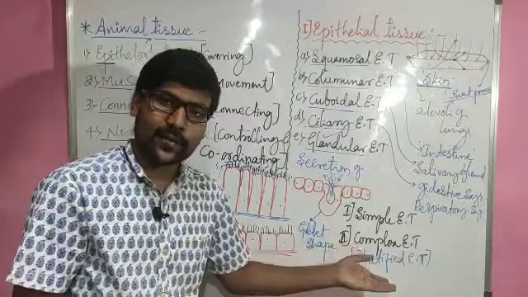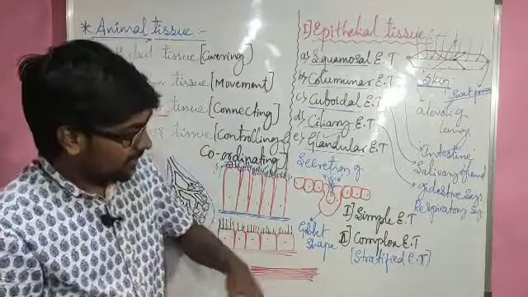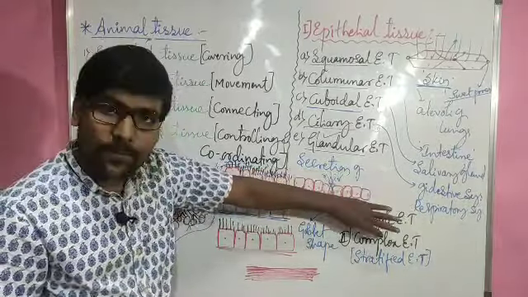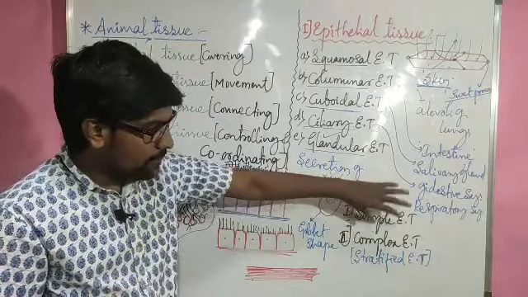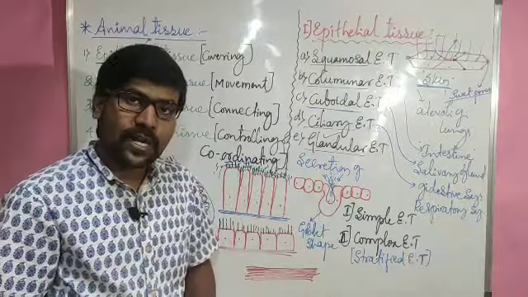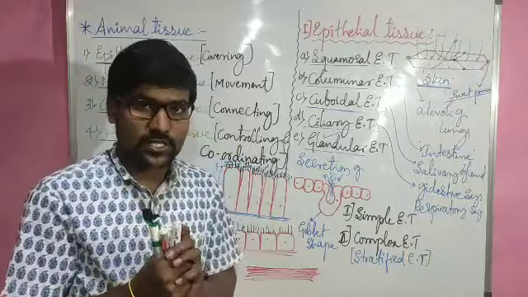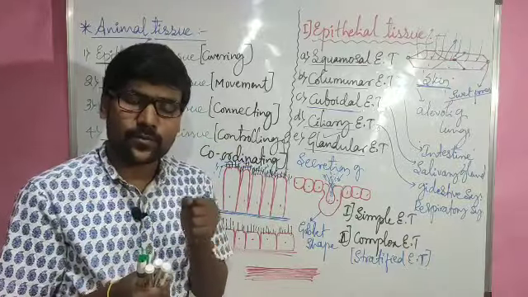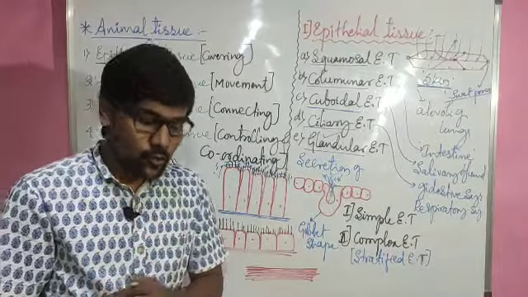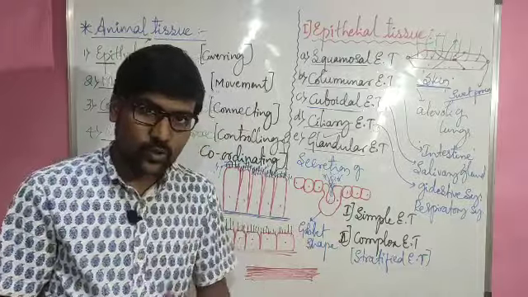Simple, of course, we will get the idea. If we consider the complex epithelial tissue, it is made up of many layers, and when those layers are arranged together, they form a sheet-like structure, and that is very hard. That part will usually be a little bit hard. For that, the best example is the sole of our foot.